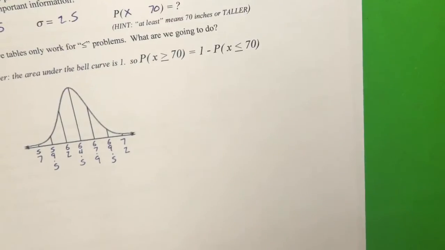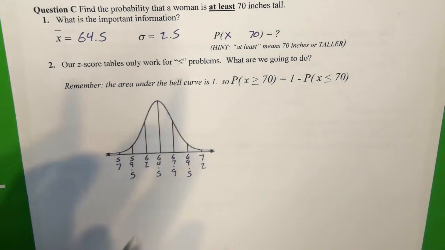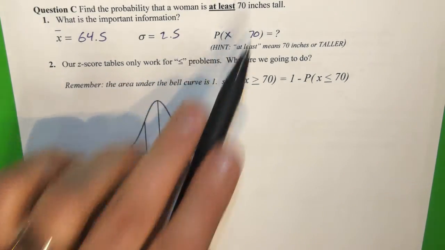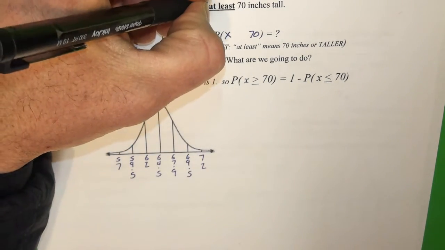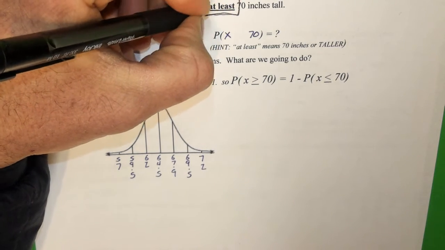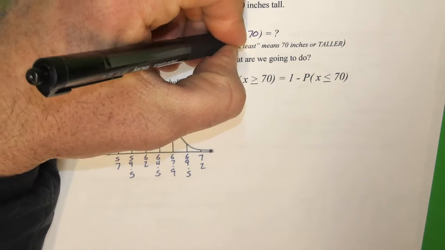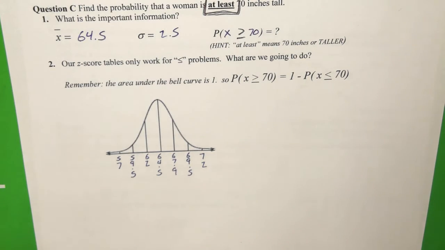So now on the back side, we've got basically the exact same question again. This time it's talking about 70-inch tall women, but we have changed the words to at least. So now what this means is that we are talking only about women that are 70 inches tall or taller, a greater than symbol.